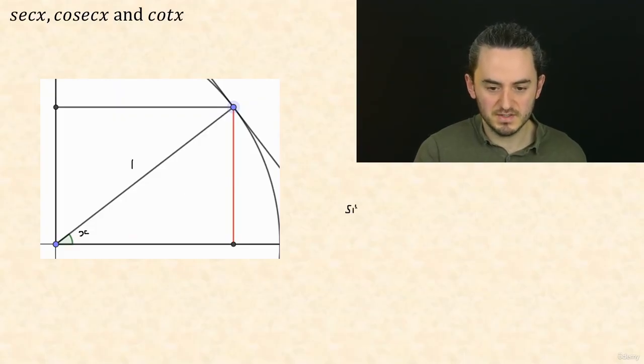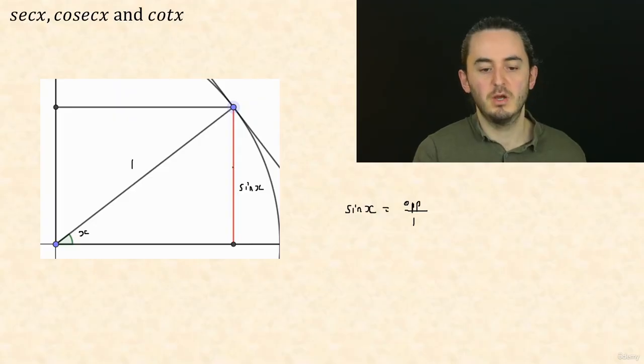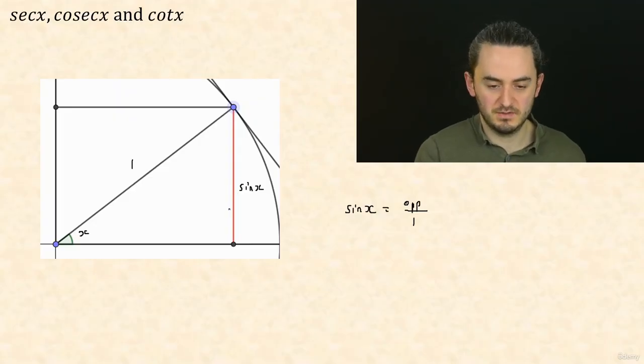So I can say that sine of x equals this opposite side divided by the hypotenuse, which is just 1. So this opposite side just is sine x. So that's nice. We now know that the height of this red line is sine x.